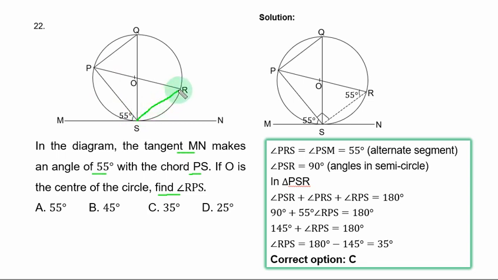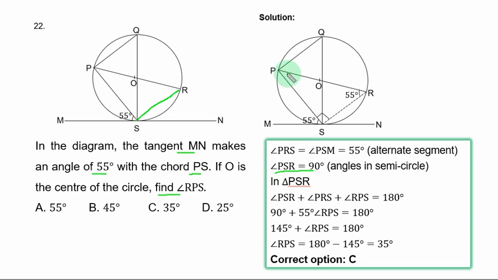That is what you have here. Now this angle is equal to 55 degrees, alternate segment. Secondly, if O is the center, it means PR is a diameter, and angle in a semicircle is 90 degrees. Hence, angle PSR is equal to 90 degrees.